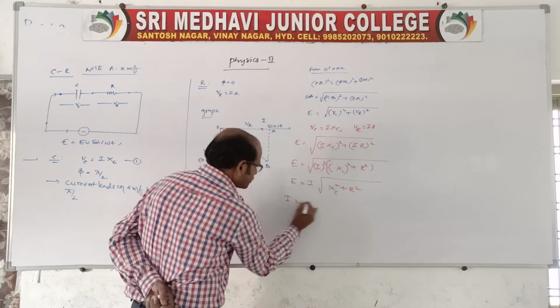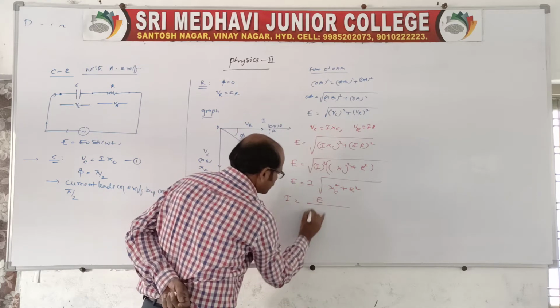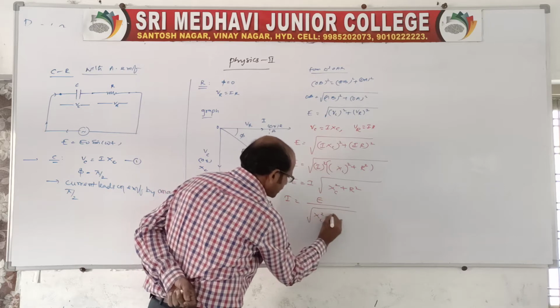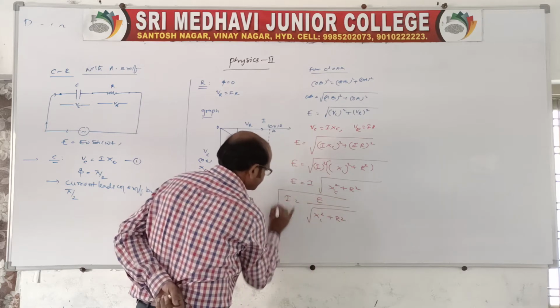Therefore, current is equal to EMF by root over XC square plus R square.